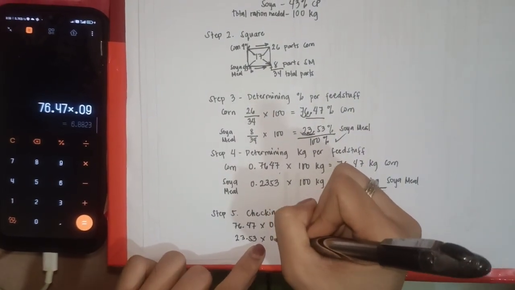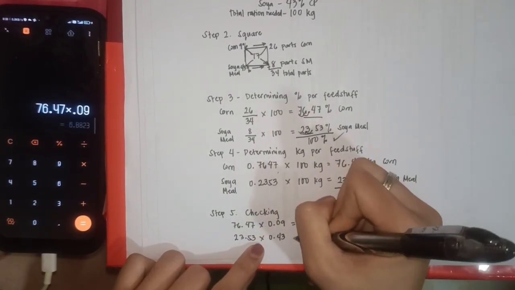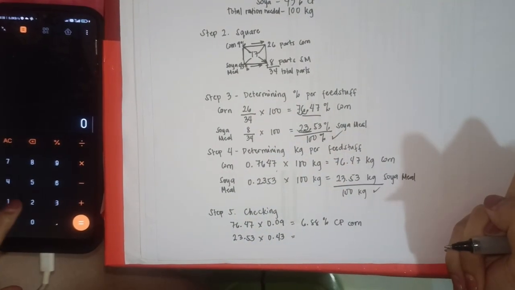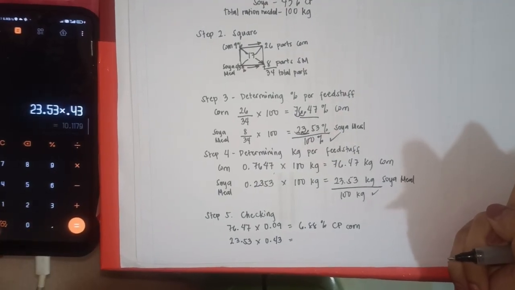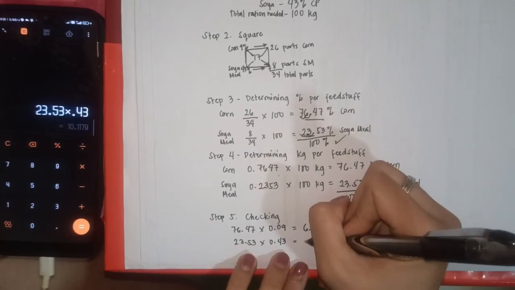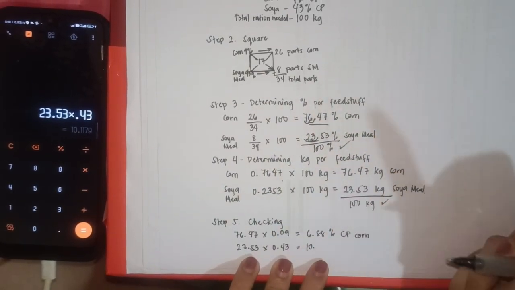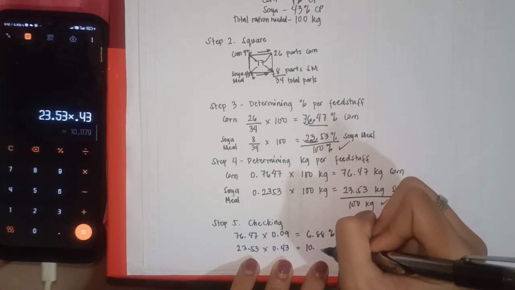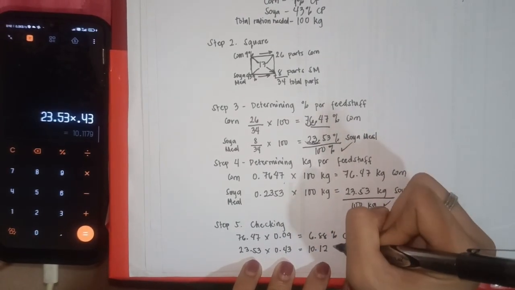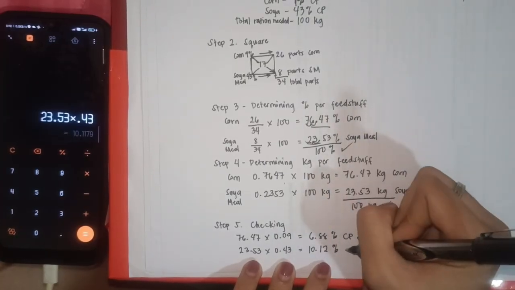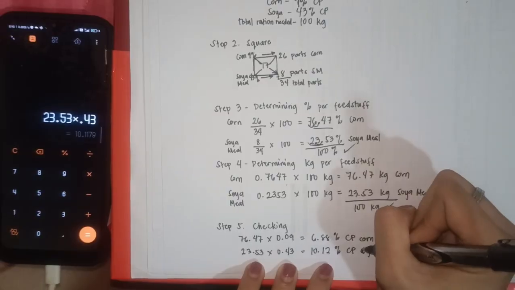So the result would be 0.43, and then we just have to multiply it together. 23.53 times 0.43 would yield an answer of 10.117. So since two decimal places only, we have to make it 10.12 for soya meal.